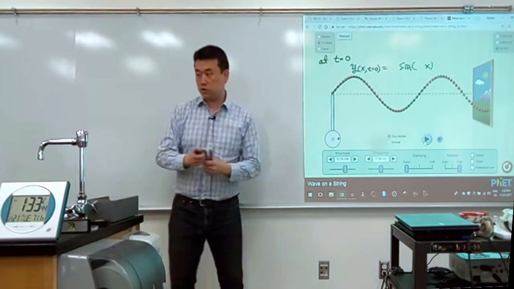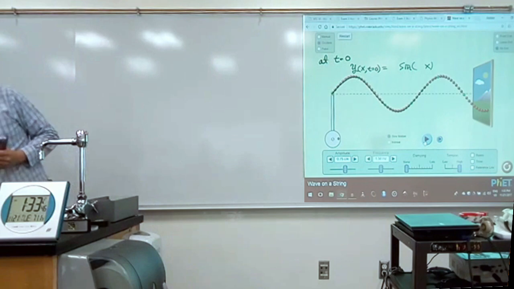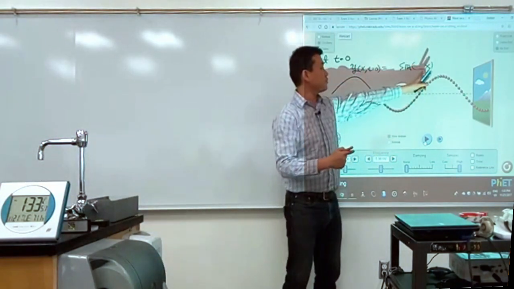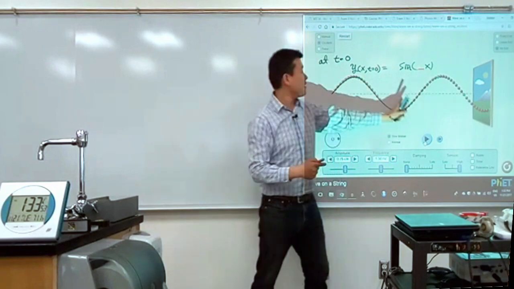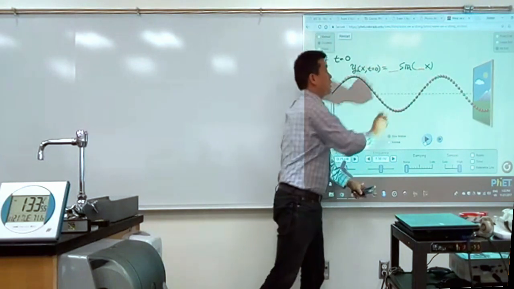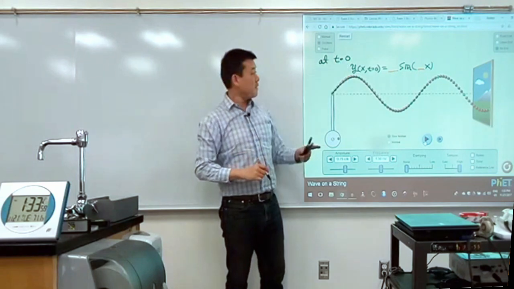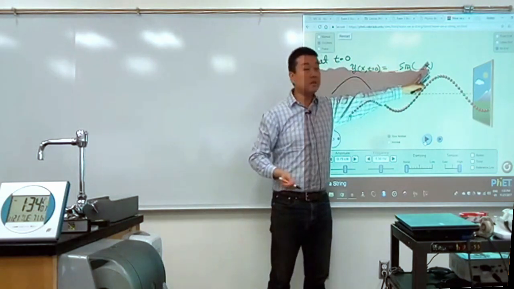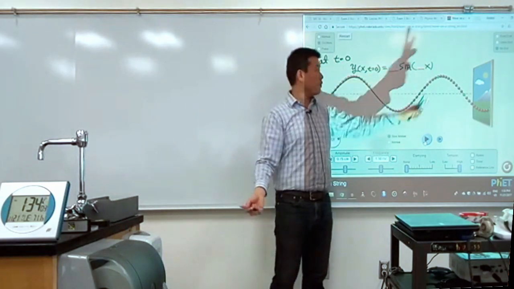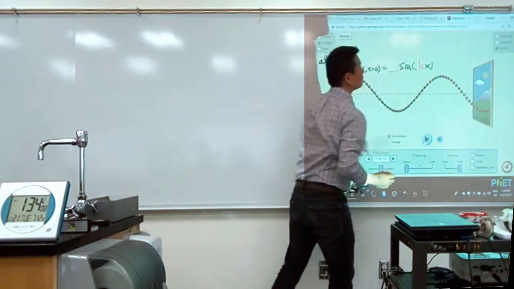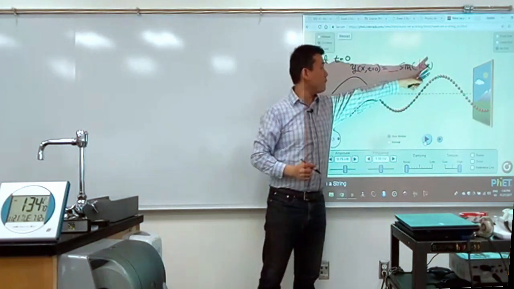In order to make the units come out right, I need a constant here so that the argument to sine is unitless. And I need another constant here so that the unit on the right-hand side matches the unit here. Let me give you this constant in the standard form that you are going to see. This constant here is k, and we have a name for it.